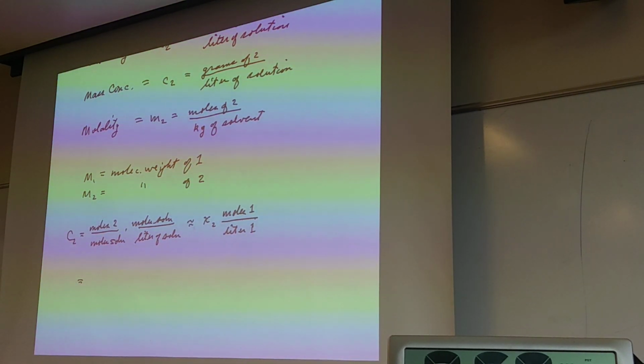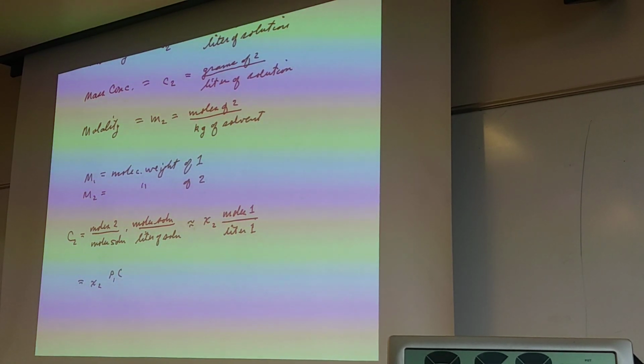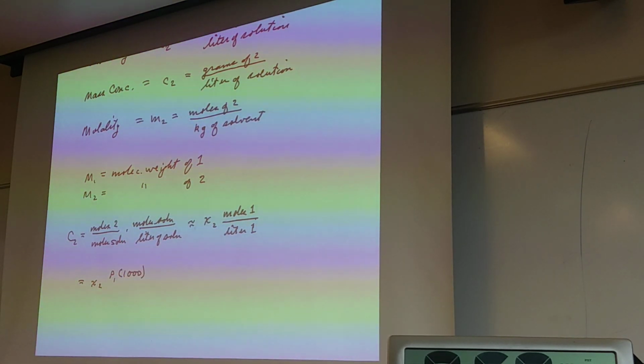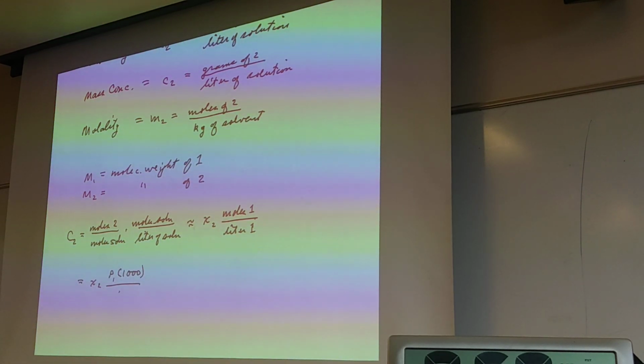And I can write this out now as X2 times the density of the solvent, which is in grams per cubic centimeter. So this is rho then times 1,000 over M1.